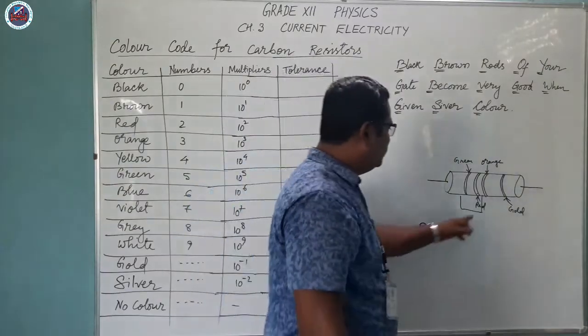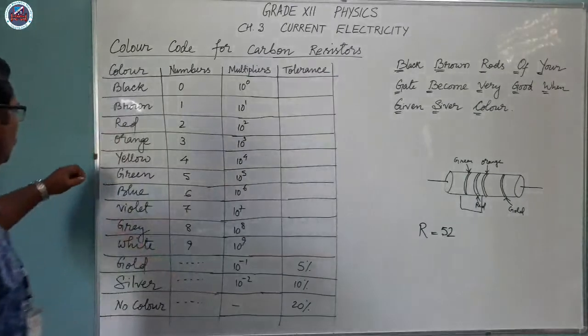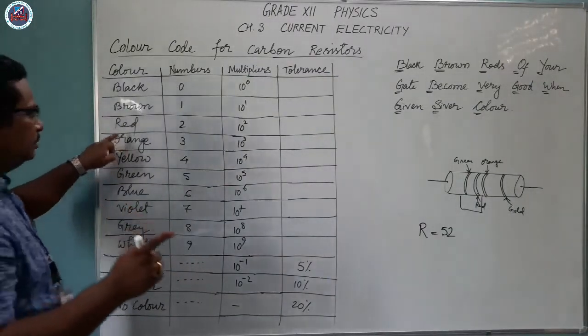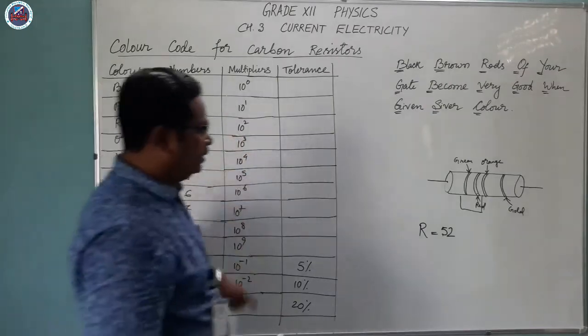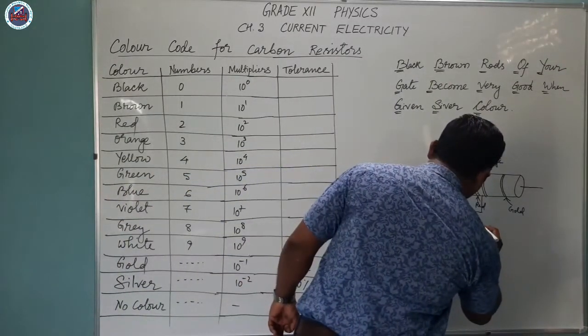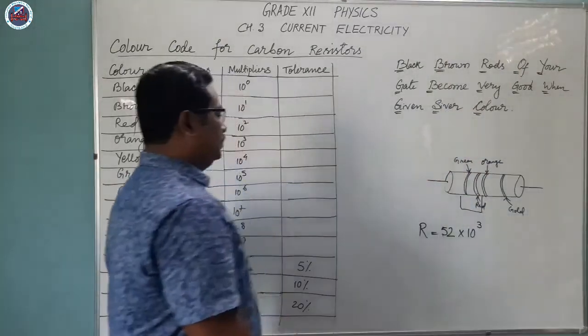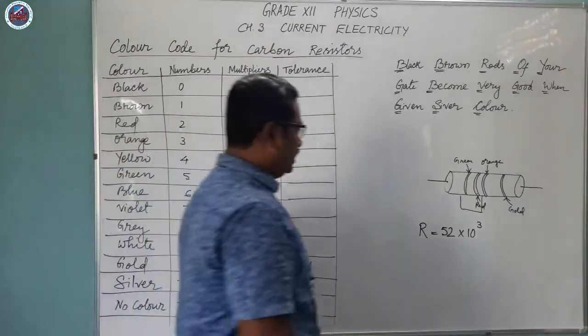Then the third band, there is orange. There is a third color, so we have to go to multiplier. That is 10 power 3. Into, you will do multiplier 10 power 3. And that is the way to write down the resistance. We will write ohm.